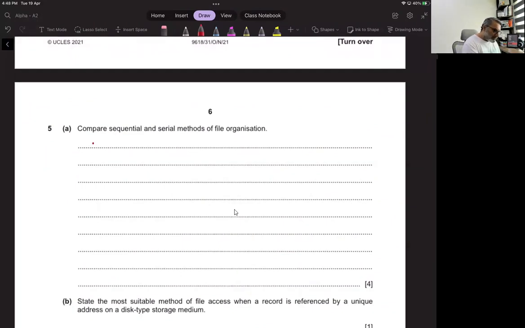All right, so both are text files in which records are saved, rather we use append, in chronological order.